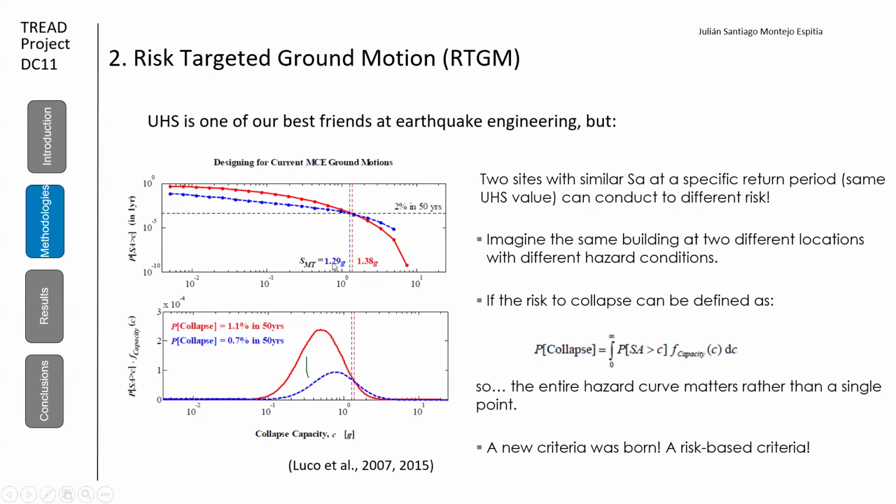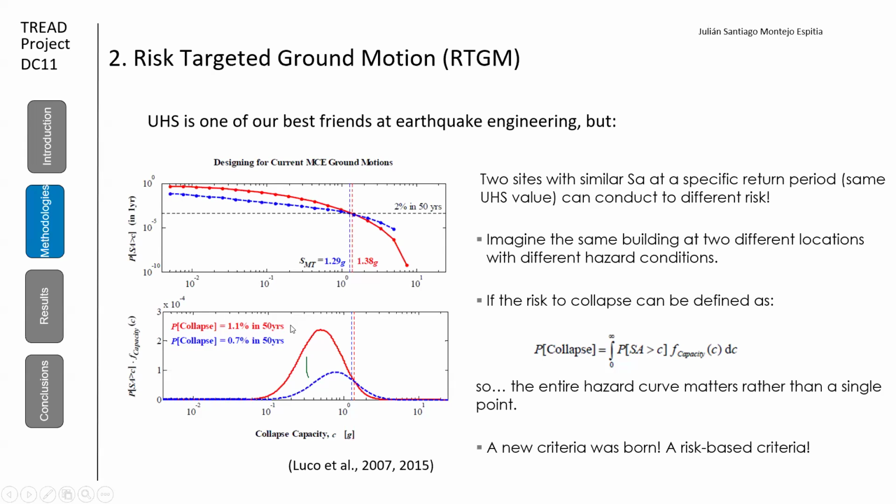It's 1.29 in the blue curve and 1.38 in the other. But when we estimate the risk, assuming the same fragility curve in terms of collapse for both sites, we can see that the probability of collapse is very different. So the hazard is very similar, but the risk is very different.